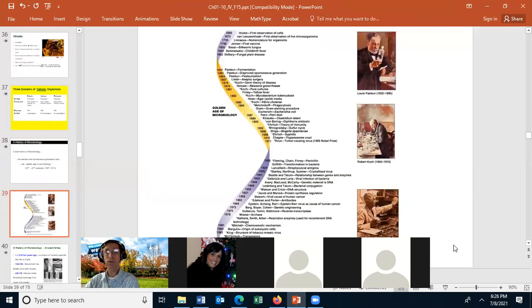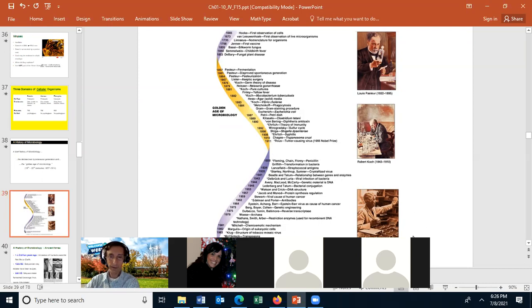Now, this slide is showing you the major events in the history of microbiology. There were some events that had to happen before we could have microbiology start. And then when microbiology started, we had the golden age. And then there were, of course, important events happening after the golden age.